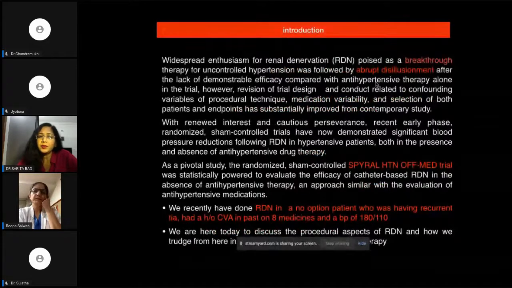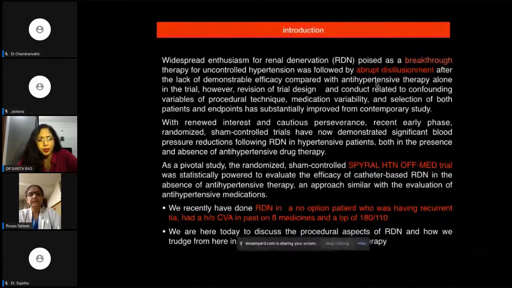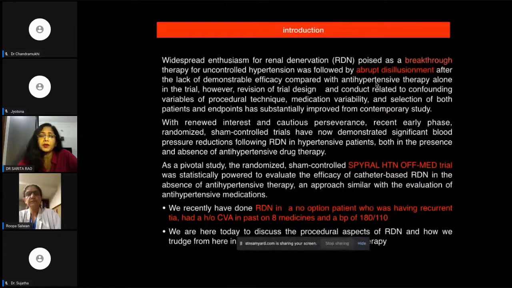Now, there was a widespread enthusiasm for renal denervation therapy, which was poised as a breakthrough therapy for uncontrolled hypertension. However, that was followed by abrupt disillusionment after the lack of demonstrable efficacy compared with antihypertensive therapy alone. Now, recently there has been renewed interest, with cautious perseverance.